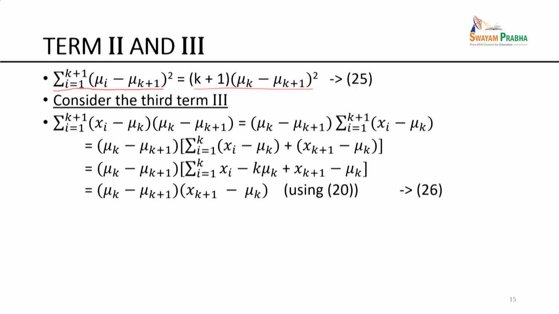So this is the value of the second term. Consider the third term, which is the product term. The product term can be expressed as, look at this now, the summation is over i. This term is independent of i, so I can pull it out of the summation. So this quantity can again be written this way.